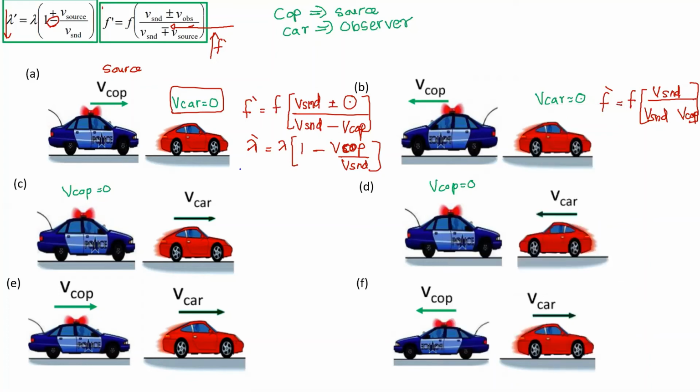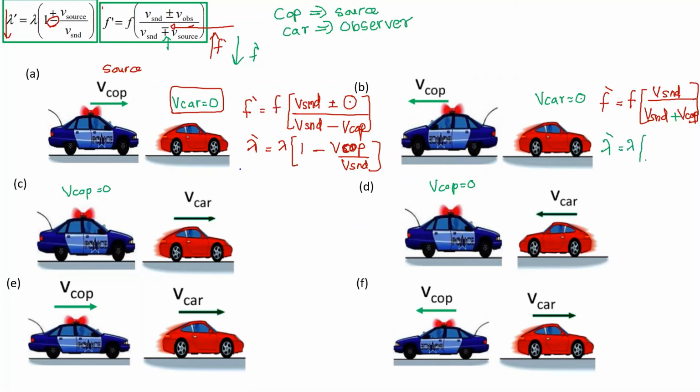Okay, so y'all are correct. The sign is plus. Why? The police car, the source, is going away from the observer, right? That means frequency should decrease. Frequency decrease means you have to select the bottom sign. Okay. What about lambda?